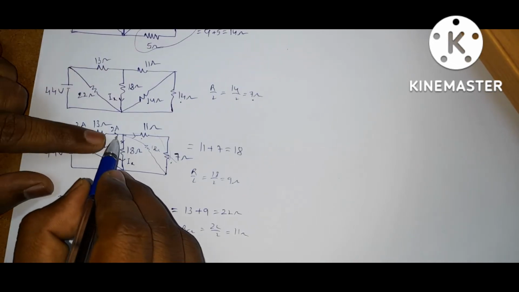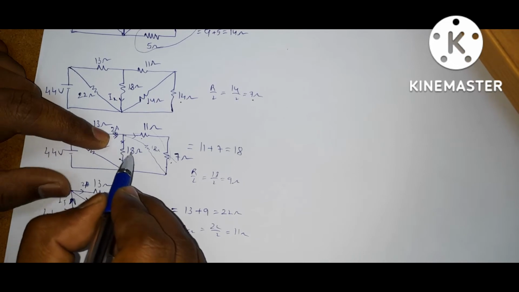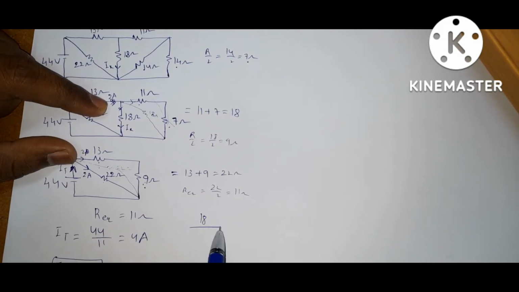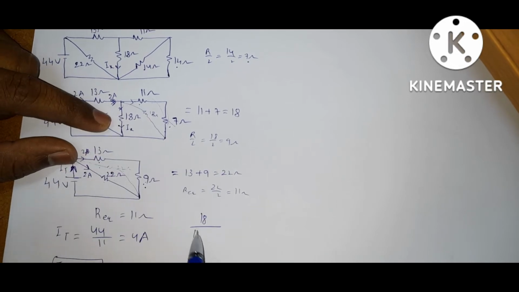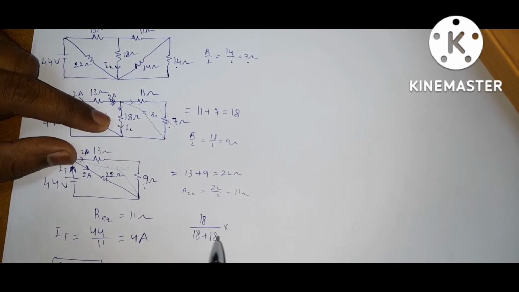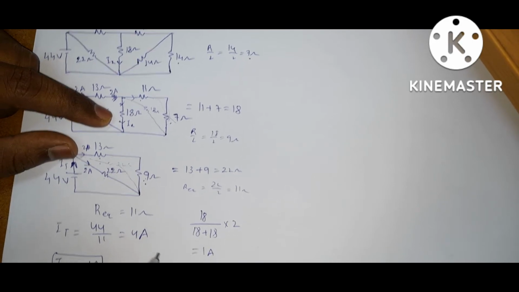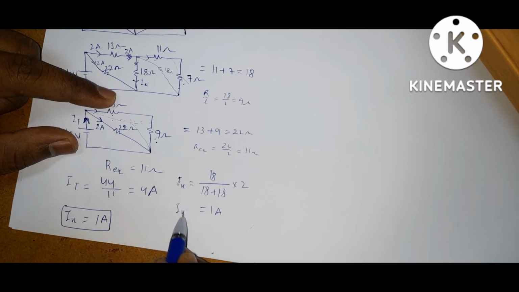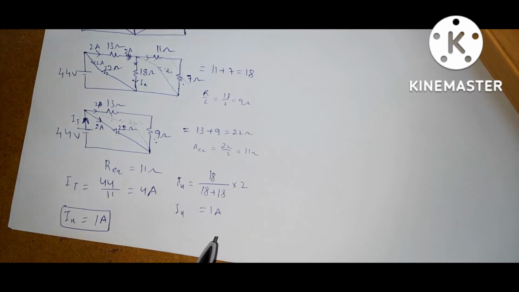By the current division rule, this is the current, and this is the opposite resistance. Opposite resistance is 18 by total resistance, 18 plus 18, into total current, which is 2 amps. So you will get 1 amp. So finally, what is Ix? Ix is equal to 1 amp.